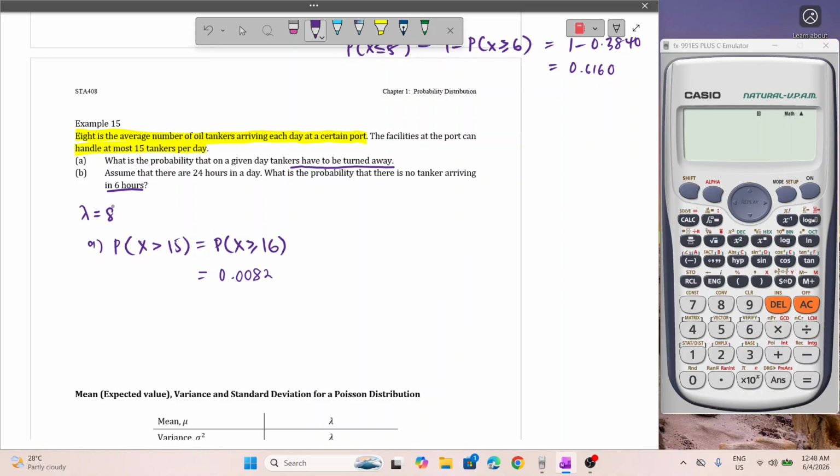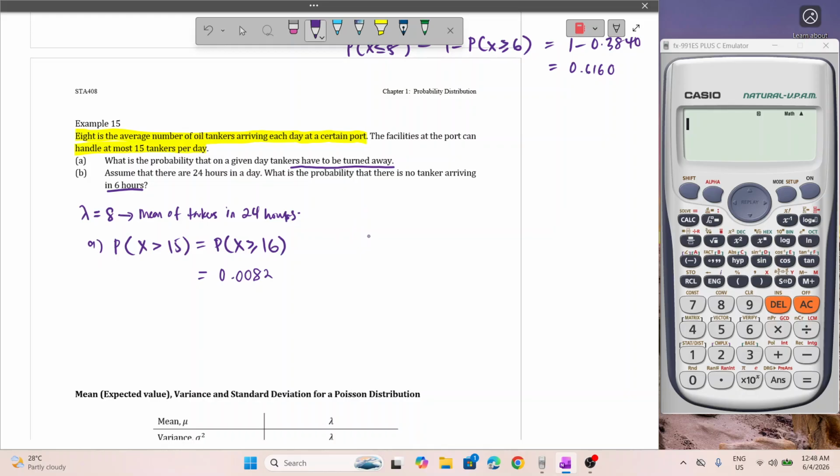So this is the mean of tankers in a day, or in 24 hours.